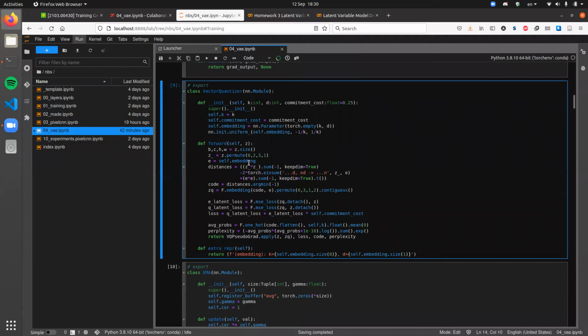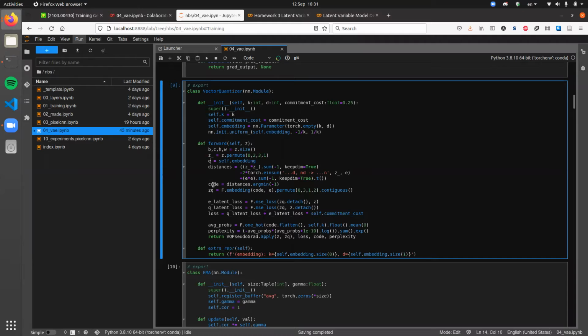So we have z minus e squared, which is z squared minus 2z times e plus e squared, in vector form.